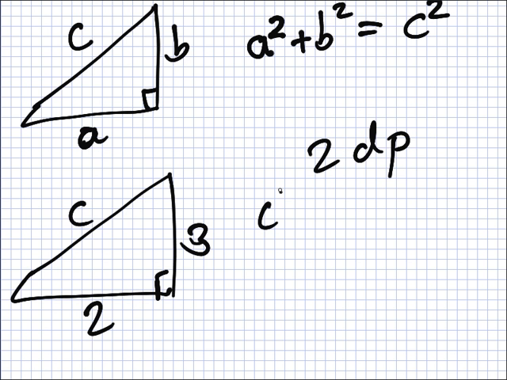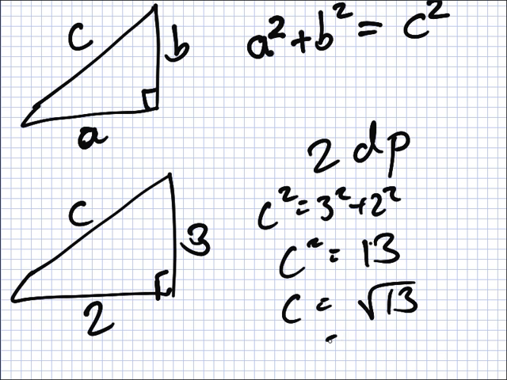C squared equals 3 squared plus 2 squared. C squared equals 13. C equals root 13, which equals 3.61. Okay, that's alright, isn't it?